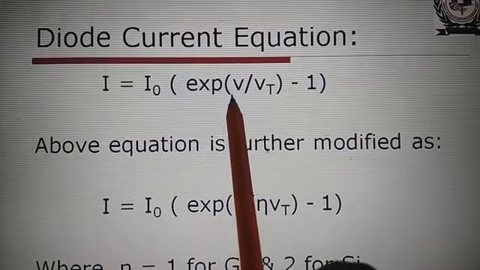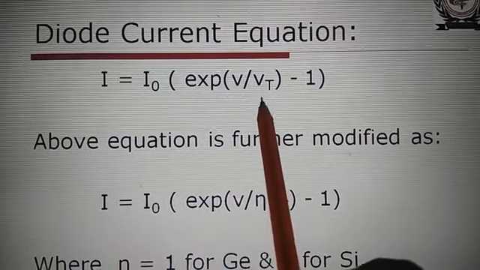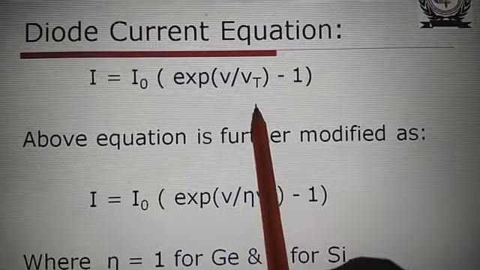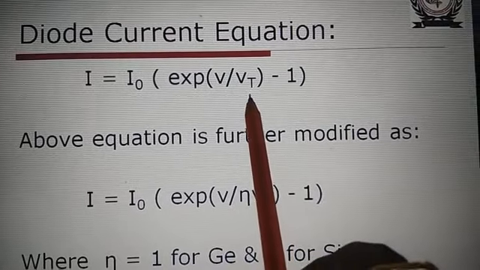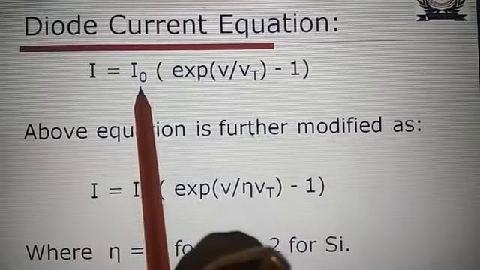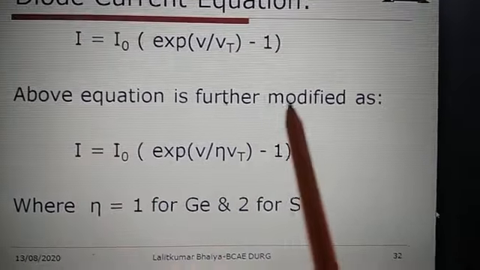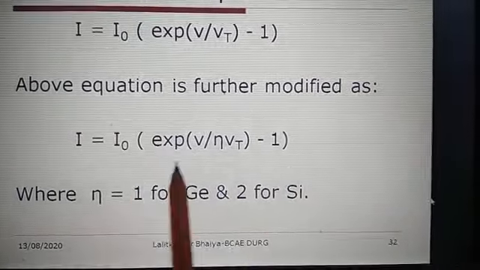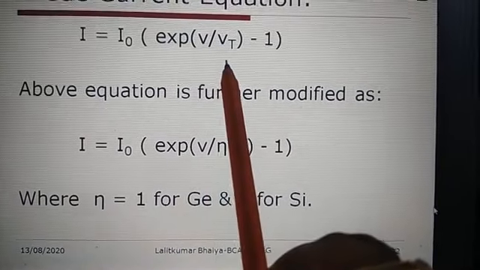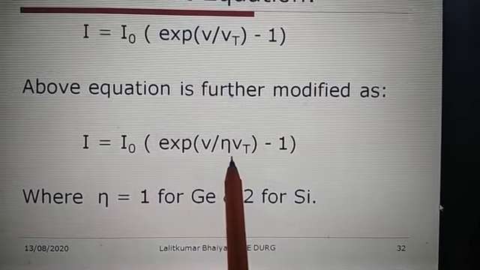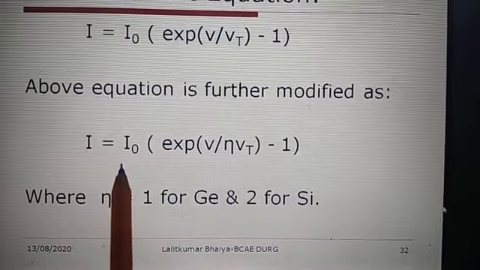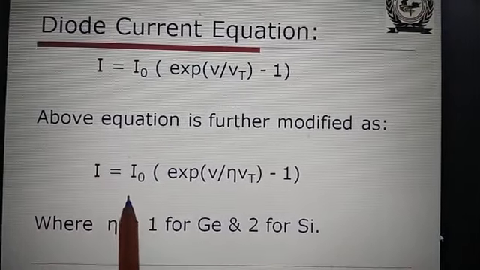V is the voltage applied to the diode, Vt is the temperature equivalent voltage of the junction, I is the forward current, and I naught is the reverse saturation current. The above equation is further modified: in place of Vt, we write eta Vt. So this is a very important and popular diode equation.